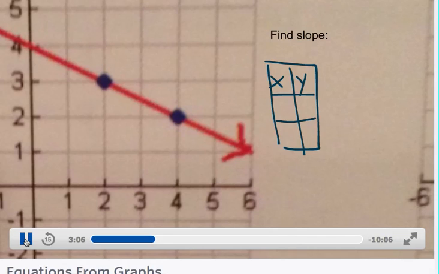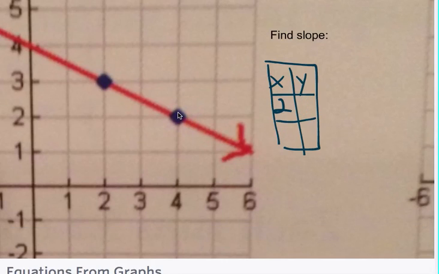So when you're ready, continue, and we're going to find the ordered pair. So this is over 2 and up 3. This point is over 4 and up 2. I just want to rewrite it so it's a little bit more clear.